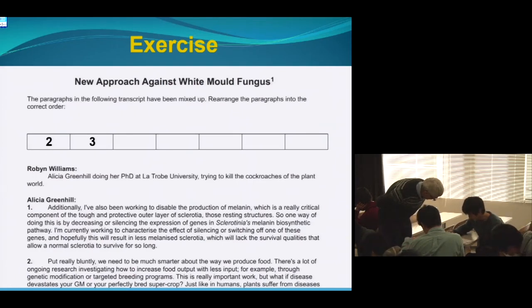This part is more general. More general. And this is more specific. More specific. Start explaining this part.